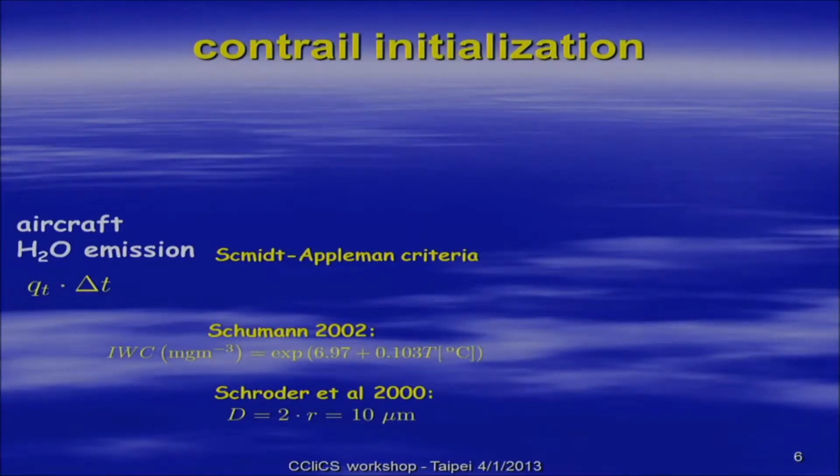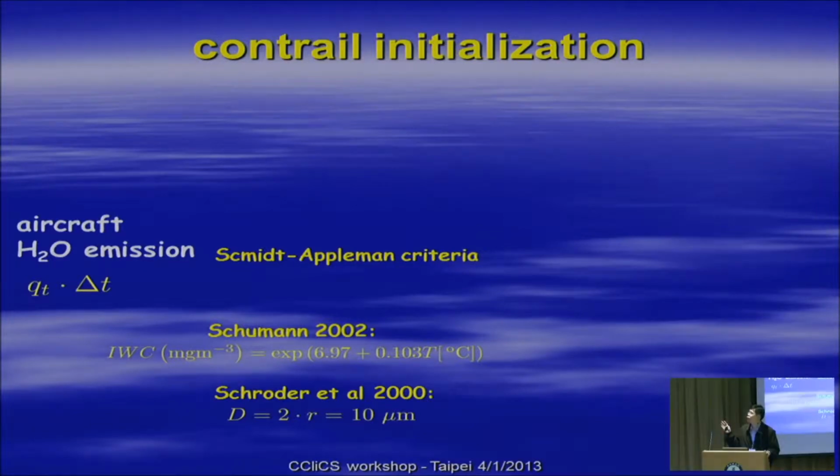So here's the fairly easy contrail initialization we put into CAM5. First you put the aircraft water vapor emission into the model and go through the Schmidt-Appleman criteria to determine if contrail formation is possible or not.